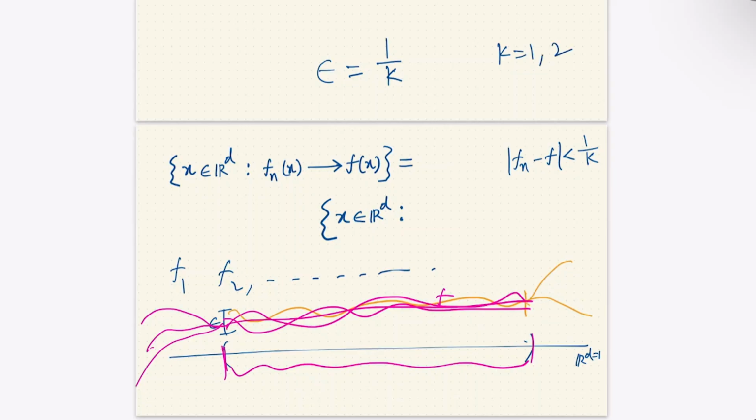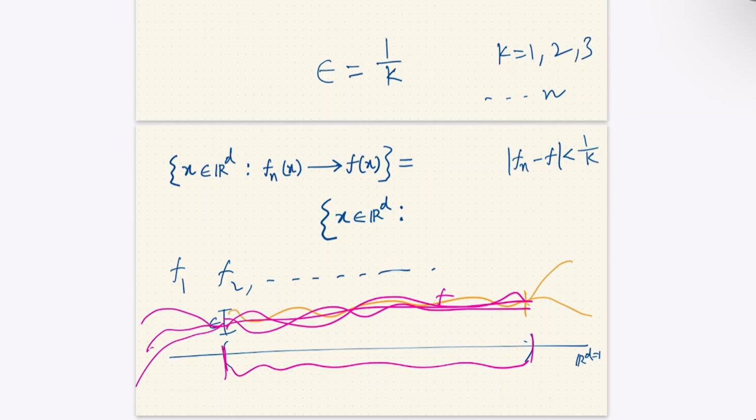If k is 2, then 1 by 2, that is 0.5, then 1 by 3, and so on, as k goes to infinity. So epsilon is reducing the band, a very thin band. That's my choice.